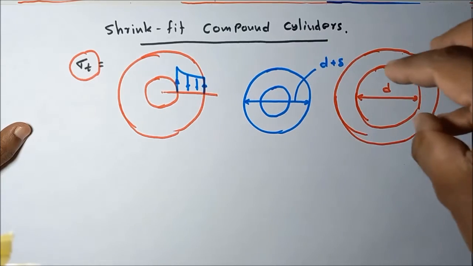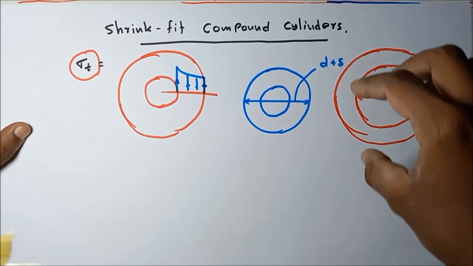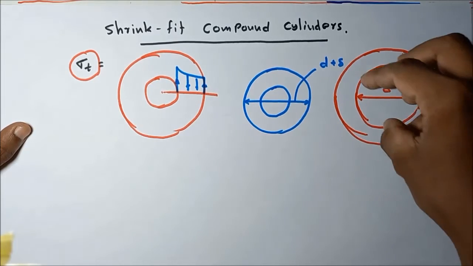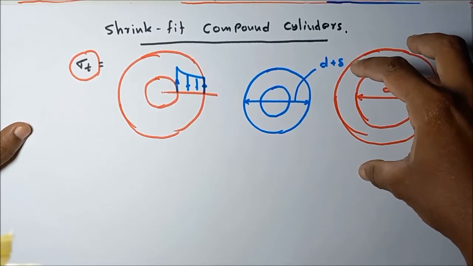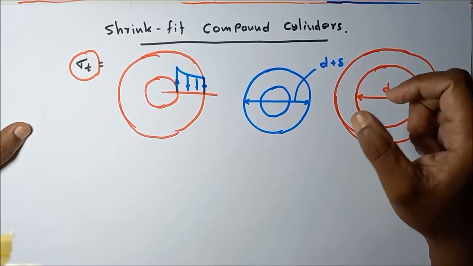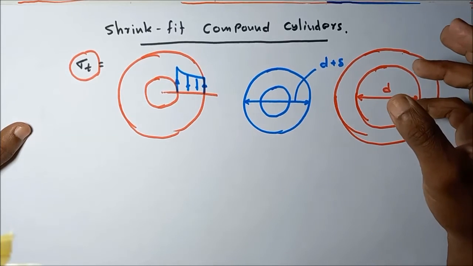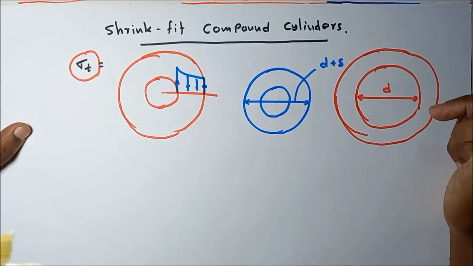So then we can easily insert it into this outer cylinder bowl. When it comes to room temperature, it expands and develops pressure, rigidly fixed.